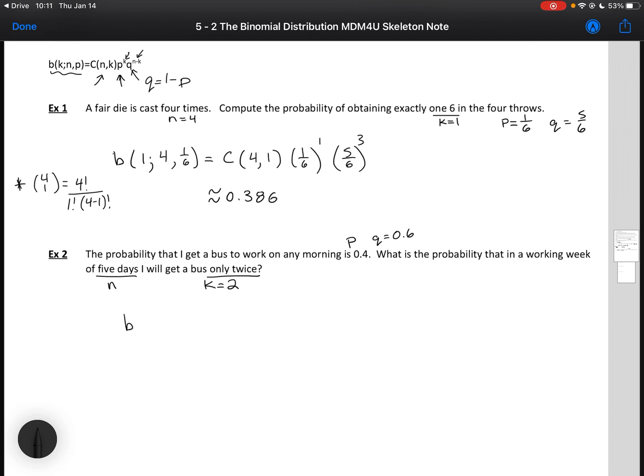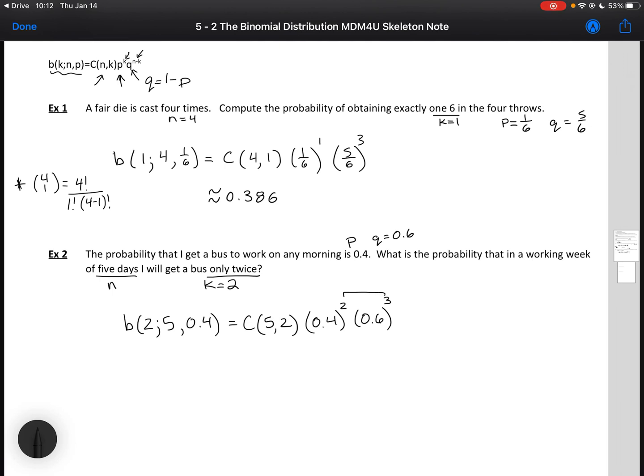So now let me write it out. I'm looking for 2 successes, 5 trials, with a probability of success of 0.4. 5 choose 2 times my probability of success raised to the number of successes that I want times my probability of failure raised to the number of failures that I'm going to have in those 3 trials.